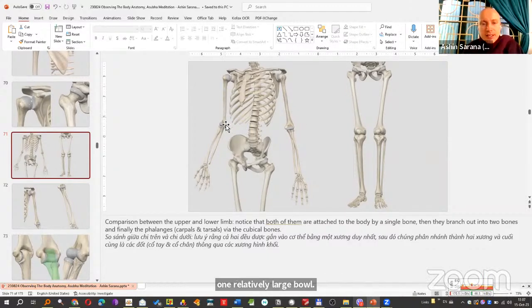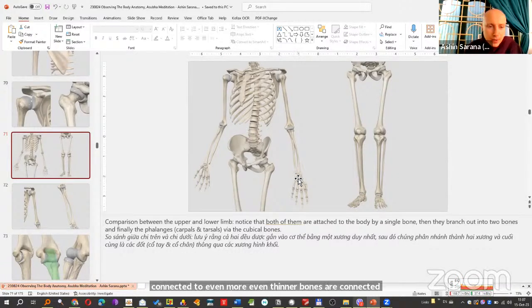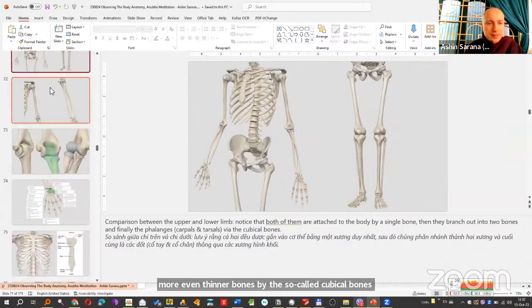Then this relatively large bone starts to branch into 2 thinner bones, as you can see. And then these 2 thinner bones are connected to even thinner bones by the so-called cubical bones. That means bones that have the shape of cubes. We'll look at them a little later.